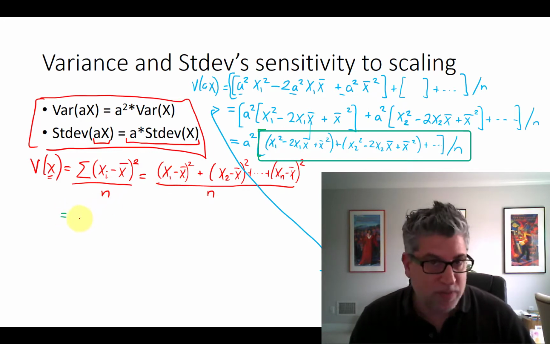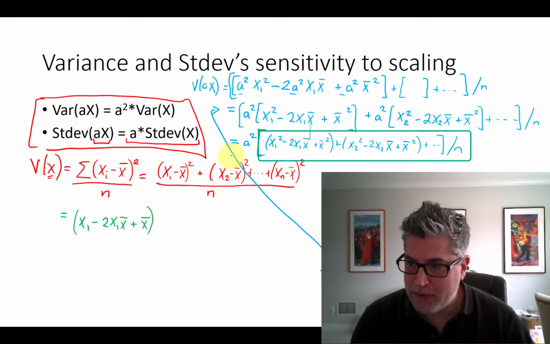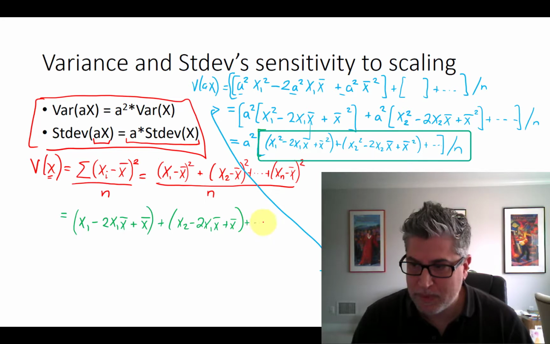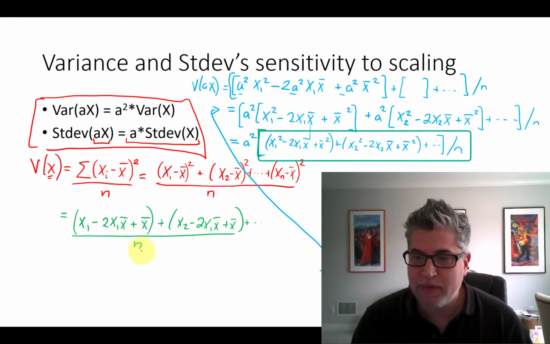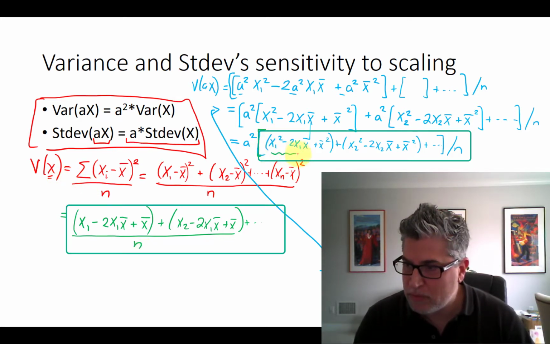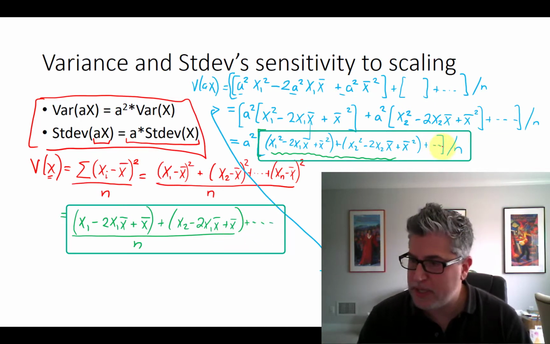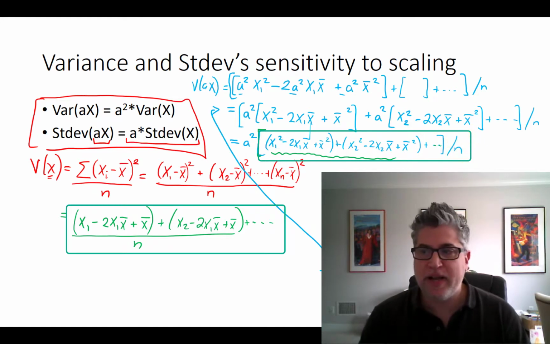This first term, we've got a FOIL again. We have x1 minus 2ab, and the last term squared. We've got to do that for the second term, and so forth. And we've got to divide by n. But notice, this green term is equal to that. Plus dot, dot, dot. And there's our dot, dot, dot. And then we divide by n. And there's our dividing by n.